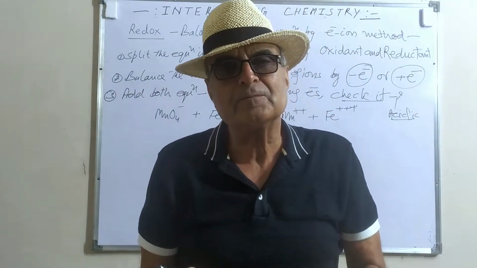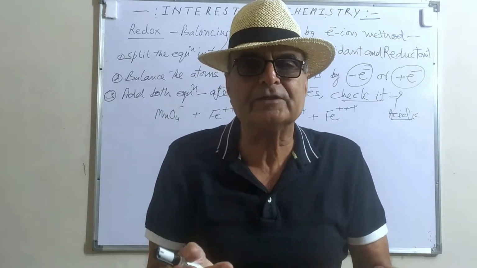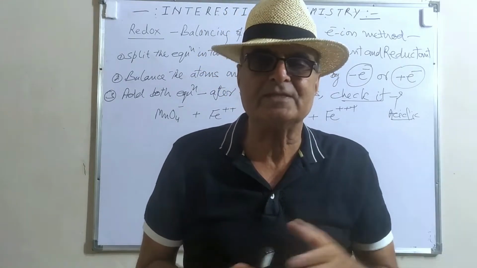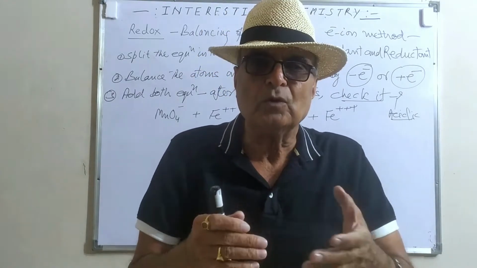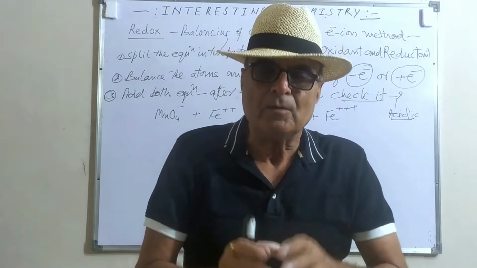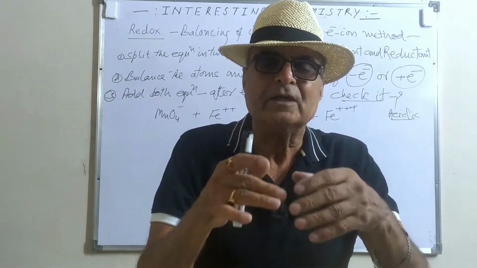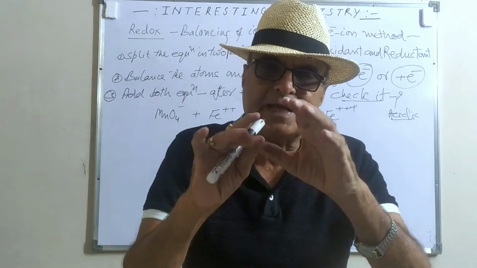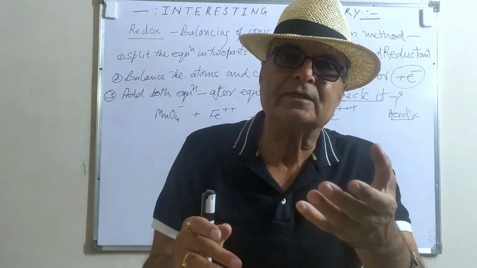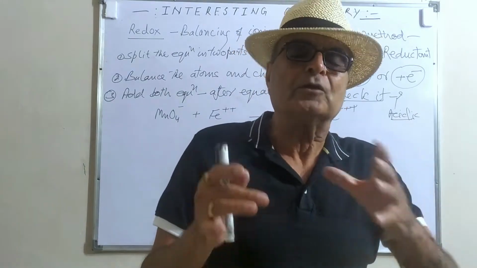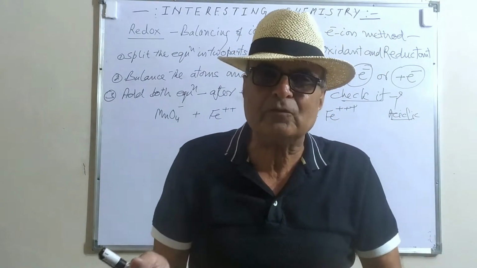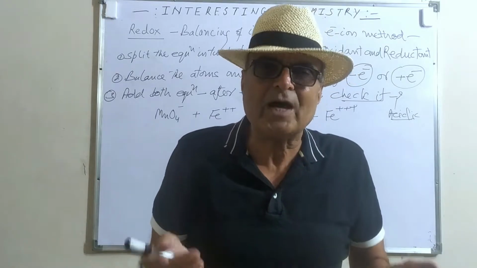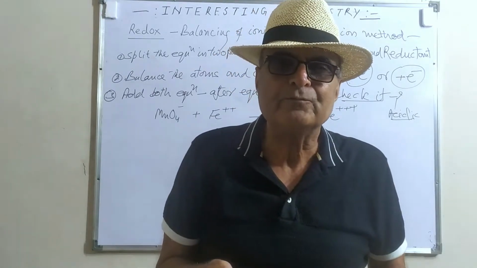If you miss any point, then you can't balance the equation. That is the theoretical method, but to make it easier, I will tell you a practical method. So let's learn my practical method of how to balance this equation.